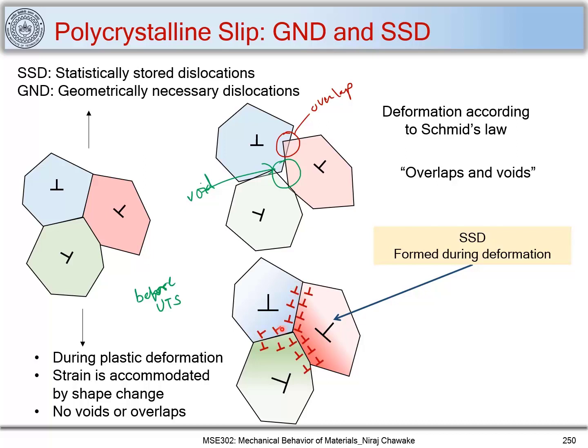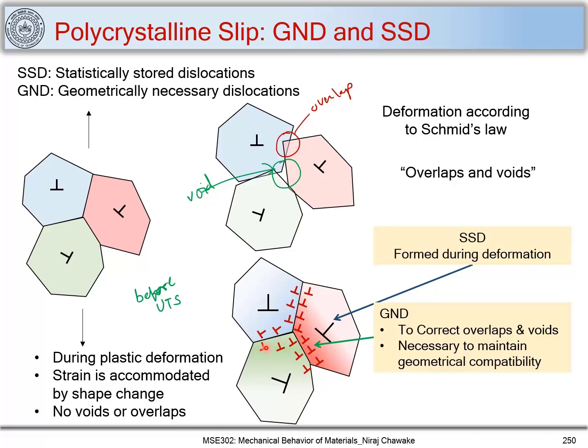So you have compatibility that is maintained between these two grains using this kind of dislocations, and these dislocations are called geometrically necessary dislocations. That is to correct overlaps and voids, and this explains how geometrical compatibility is maintained between two adjacent grains or neighboring grains.